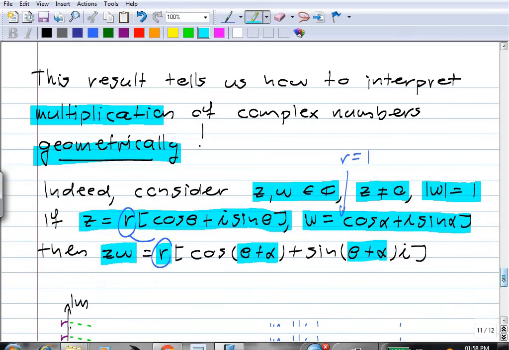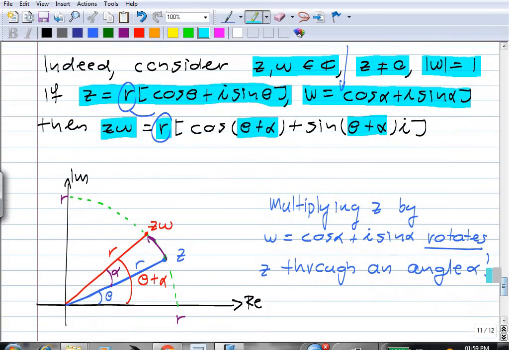Okay, so now let's see, if we draw a picture, what does this look like? Let's say here we've got z, so its argument is theta. So that angle is theta. If we look at z times w, it has the same modulus as z, which is r. So both points, z and zw, sit on the circle with radius r.